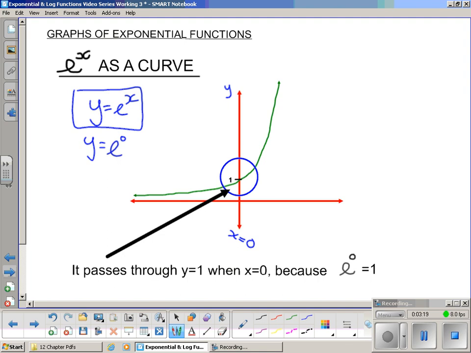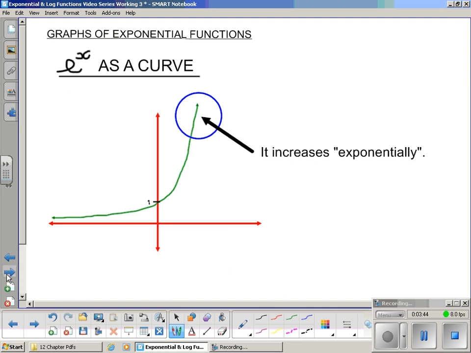And anything to the 0 we know has a value of 1. You know, 2 to the 0 equals 1, 5 to the 0 equals 1. So by rights, e to the 0 should equal 1 as well. So that's how we always get a y-intercept of 1 for your basic exponential curve.